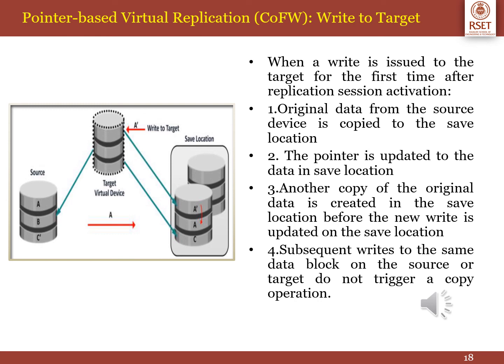When reads are issued to a target, unchanged data blocks since session activation are read from the source. The original data blocks that have changed are read from the save location. Pointer-based virtual replication uses CoFW technology. Subsequent writes to the same data block on the source or the target do not trigger a copy operation.